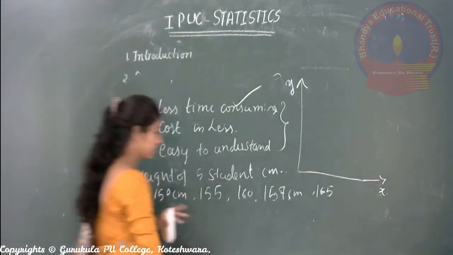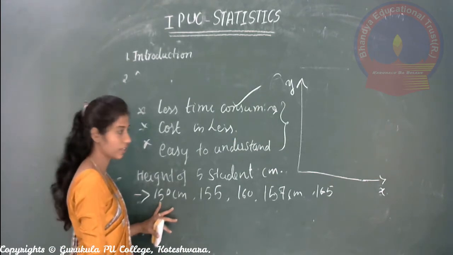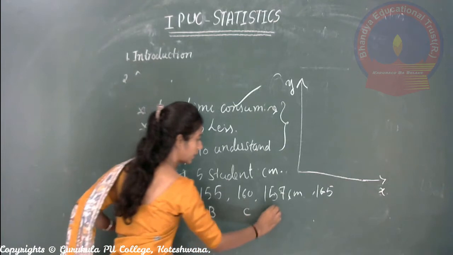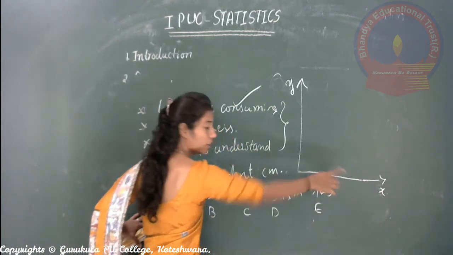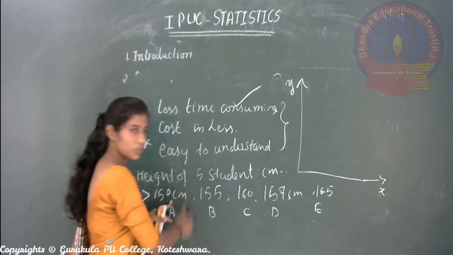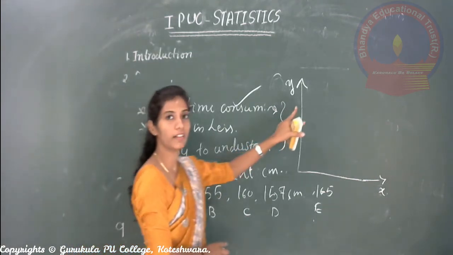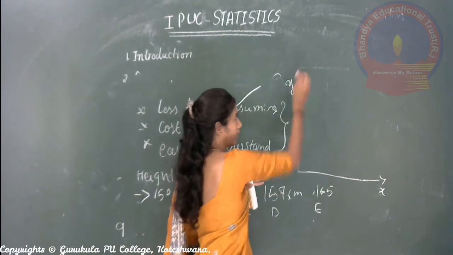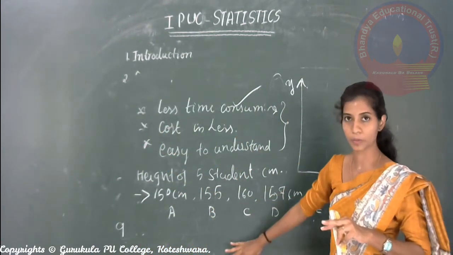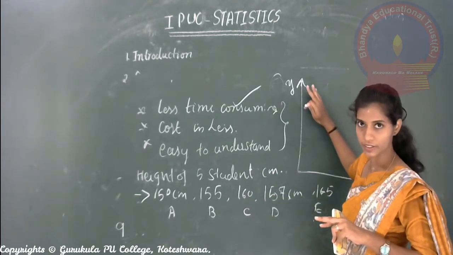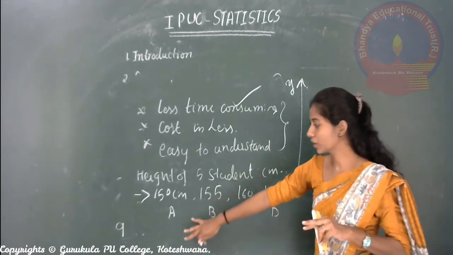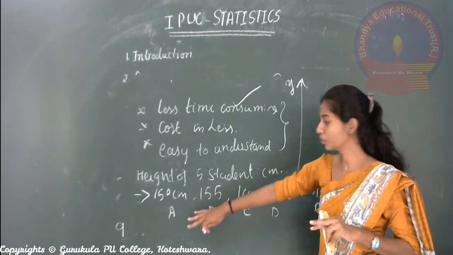If I consider the students A, B, C, D, E along the x-axis, I am going to represent these students' height in a diagram, a simple bar diagram. ಯಾಕೆ ಅಂತ ಹೇಳಿದ್ರೆ ನಮಗೆ ಗೊತ್ತಾಗೋದಿಲ್ಲ which student has more height or who is the tallest person.